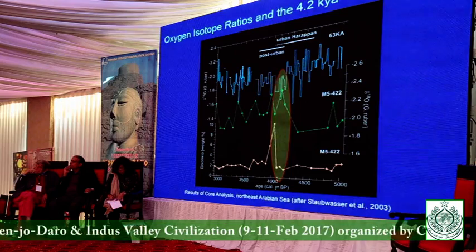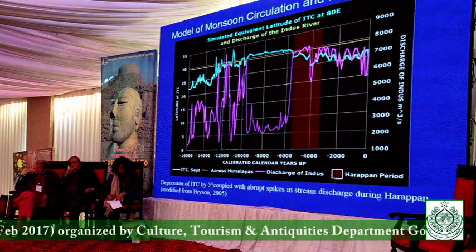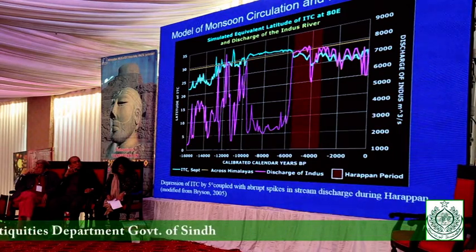So those kinds of indicators give us an indication that not only are we looking at small-scale events, but they're very, very extensive, and they're coming at you from a variety of different records.